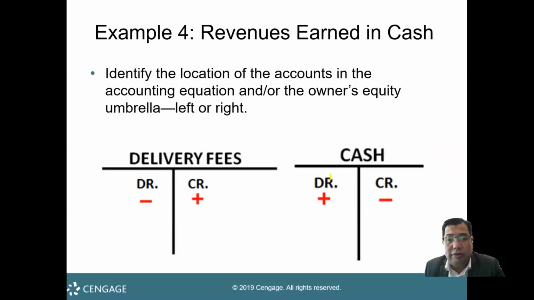So go back to the formula. Any increase in delivery fees, you should credit, whereas any increase in cash, this is an asset, so you should debit your account. Always remember these equations.